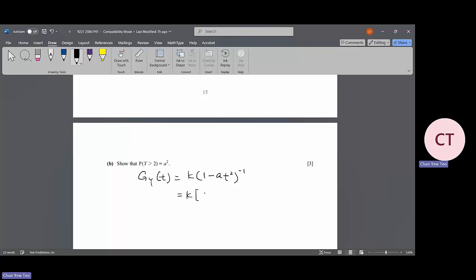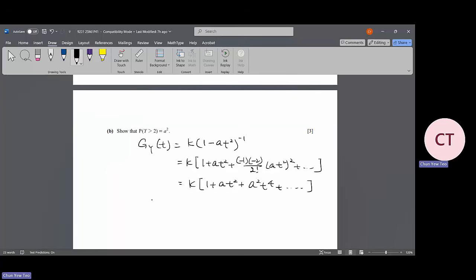Then you will get 1 plus a t squared plus negative 1, negative 2 over 2 factorial, then a t squared squared, and so on. So you will get k multiplied by 1 plus a t squared plus a squared t to the power of 4, and so on.